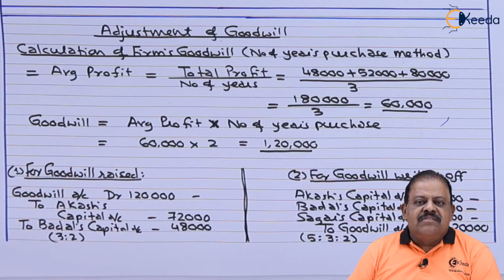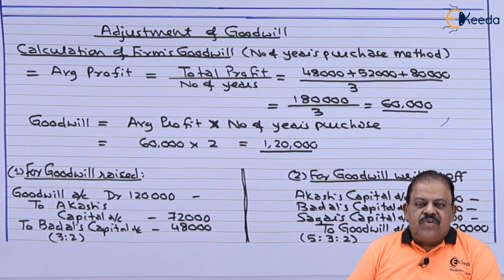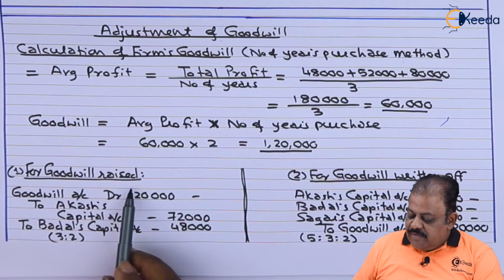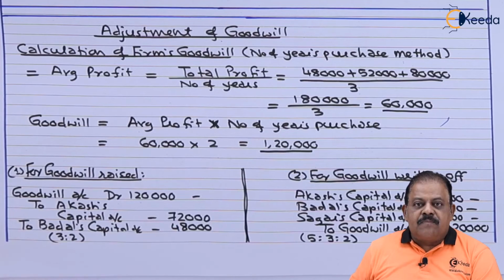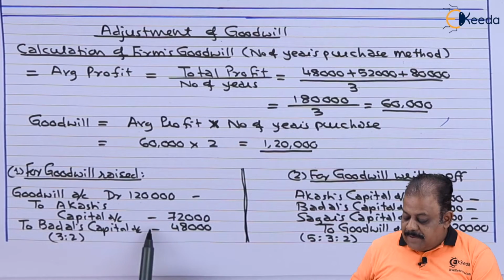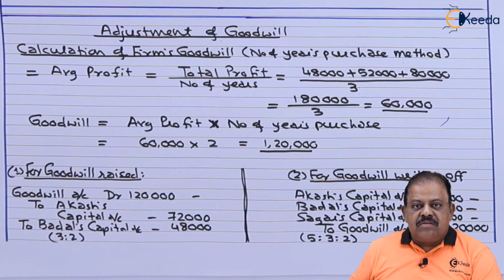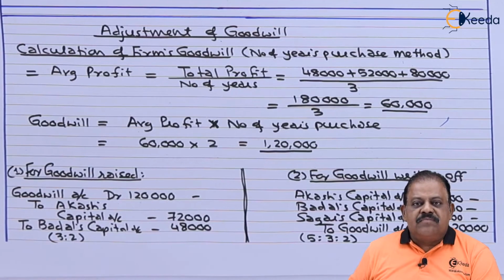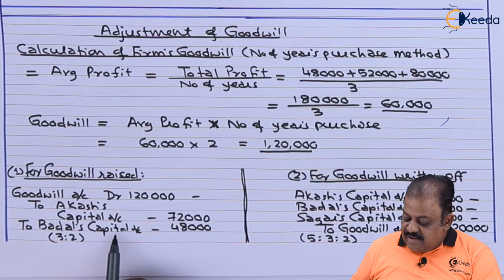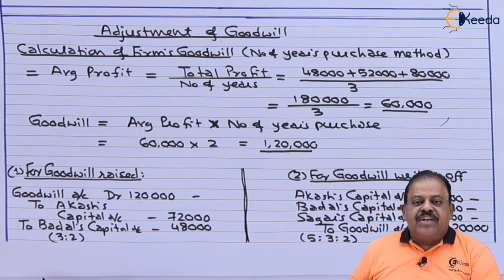This is raised on admission of the new partner. So the entry will be for goodwill raised: goodwill account debit 1,20,000, to Akash's capital account 72,000, to Badal's capital account 48,000. This is divided between them in their old ratio 3:2.